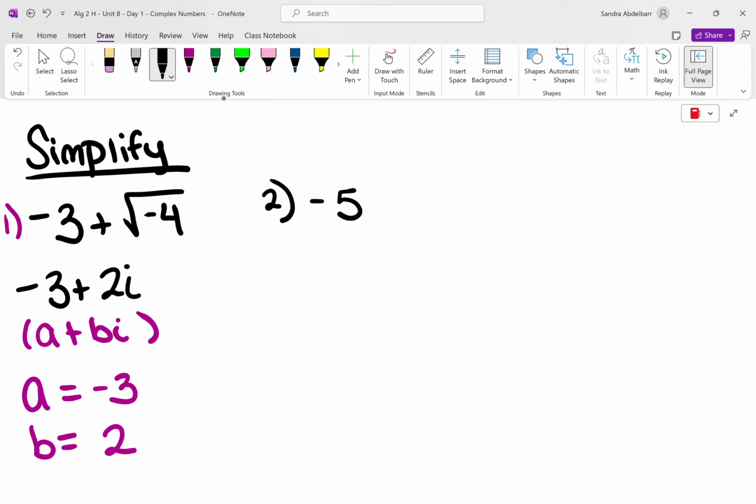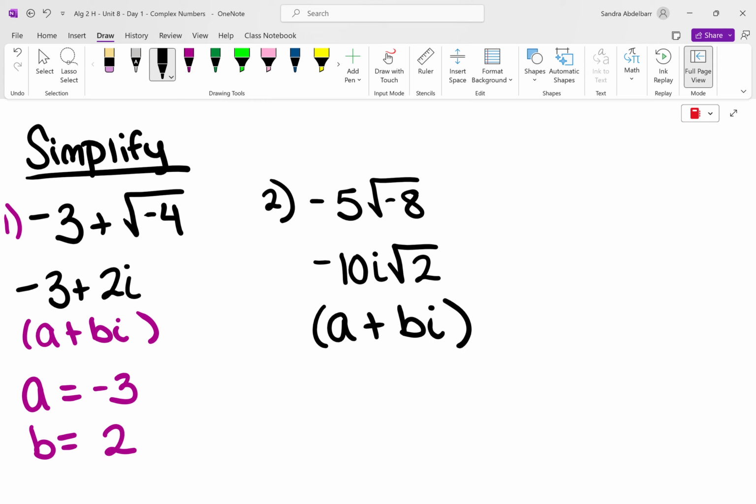Okay, let's say I have -5 root -8. I'm going to simplify. When I simplify, I'm going to get -10i root 2. Now, if I want this in complex form, I need a plus bi. Do we agree the -10i root 2 corresponds to the bi part of our complex form?